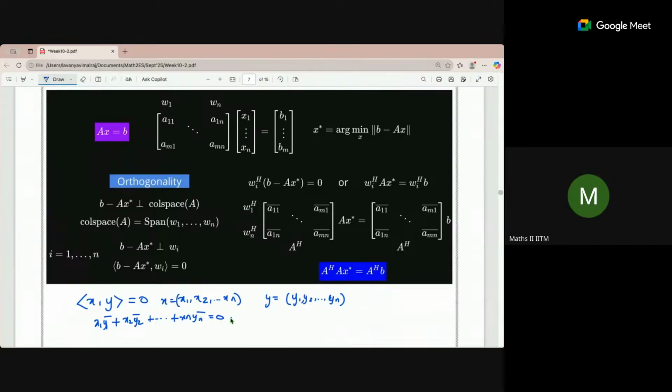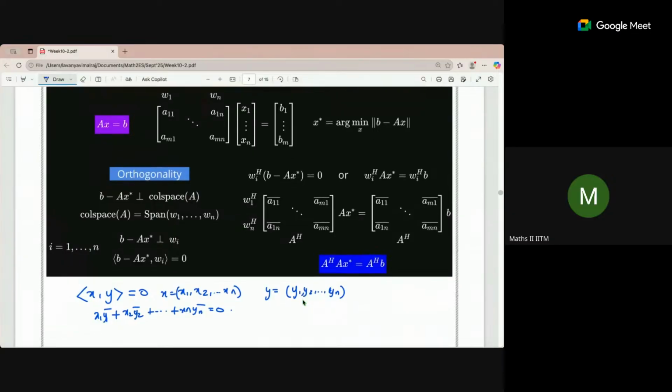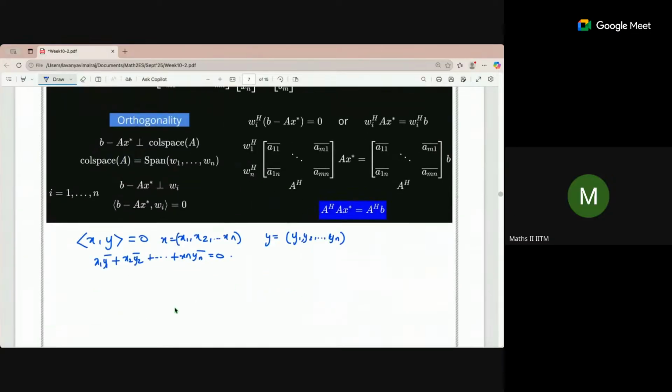Instead, suppose I write it as a row (y1 bar, y2 bar, ..., yn bar), one row with n columns, multiplied by a column (x1, x2, ..., xn), n rows with one column. This is exactly the same as the inner product x comma y, because you again get x1 y1 bar plus x2 y2 bar, and so on.